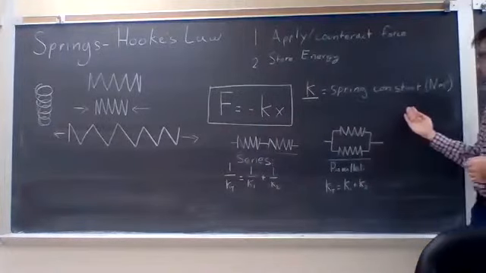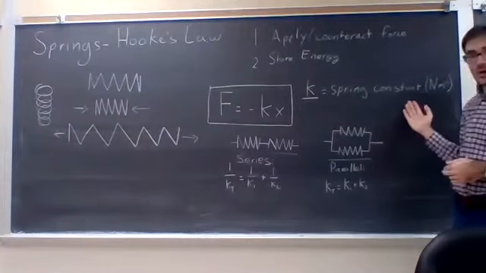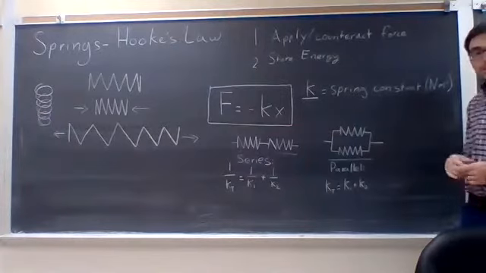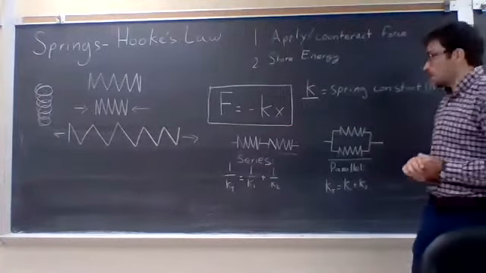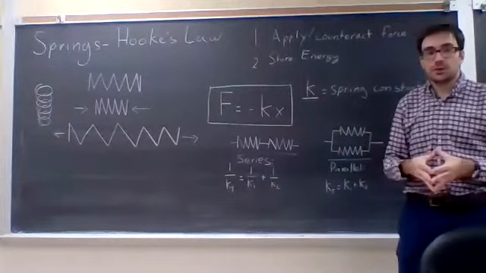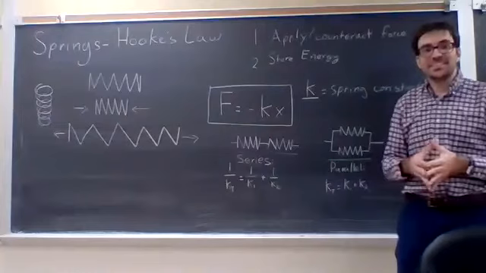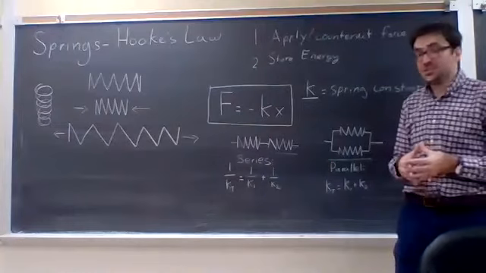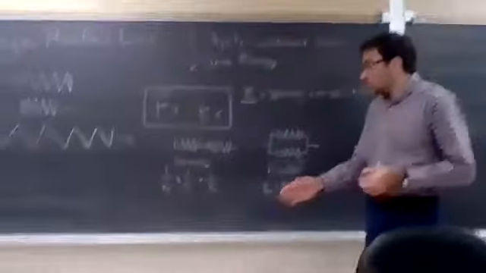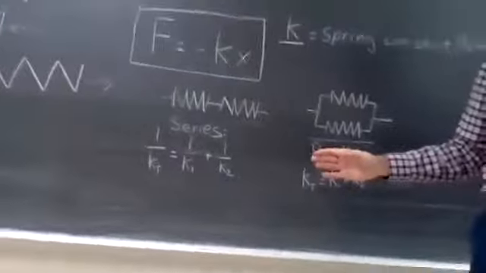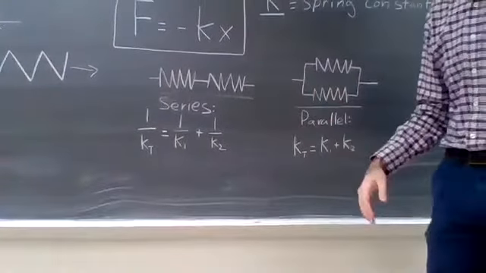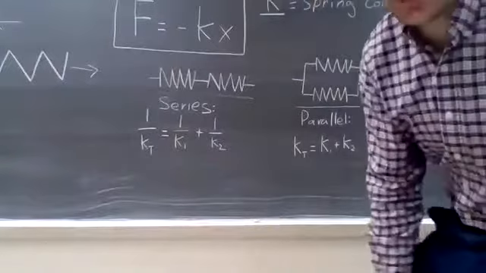The units of the spring constant are usually expressed in newtons per meter, or some variant of that, sometimes pounds per inch, if we're going to be using silly units, right? So bring it a little closer so we can investigate how that spring constant changes with how you set up your spring.